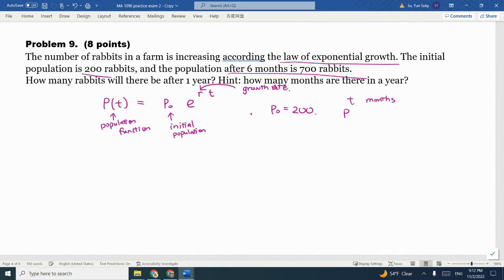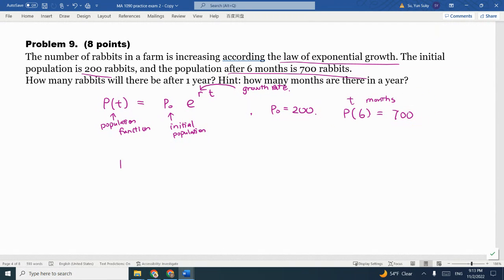We also know the population after 6 months is 700 rabbits. And how many rabbits will there be after 1 year? So this information will help us to find the r.